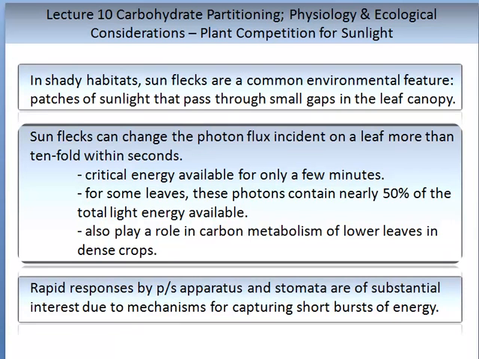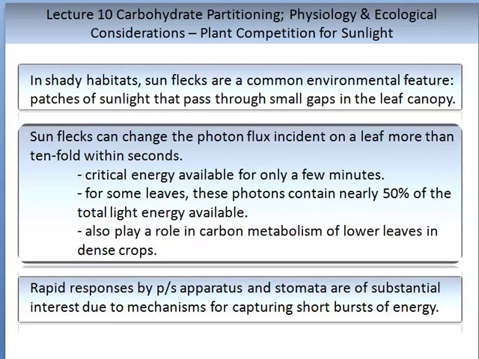In shady habitats, sunflecks are a common environmental feature. These are patches of sunlight that pass through small gaps in the leaf canopy. Sunflecks can change the photon flux incident on a leaf more than 10-fold within seconds. Critical energy is available for only a few minutes.